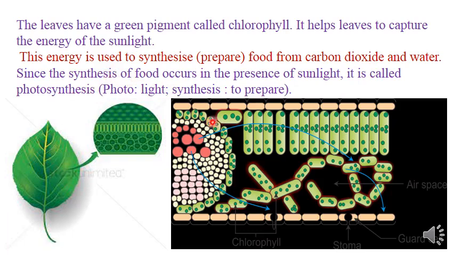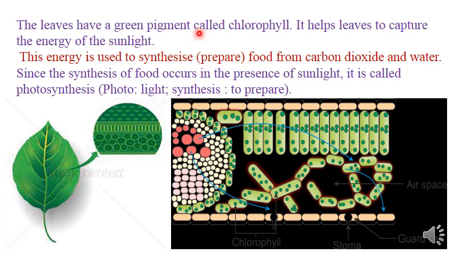This process takes place only during daytime when the sun is present. Photo means light. Here it is the sunlight, and with the help of that light plants prepare food, so it is called photosynthesis.